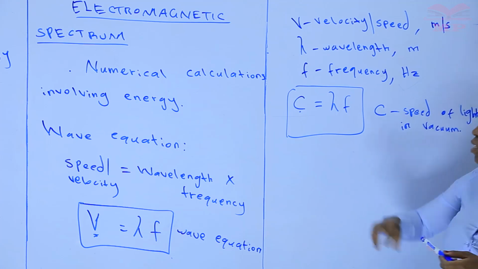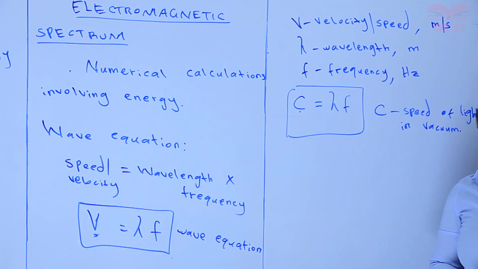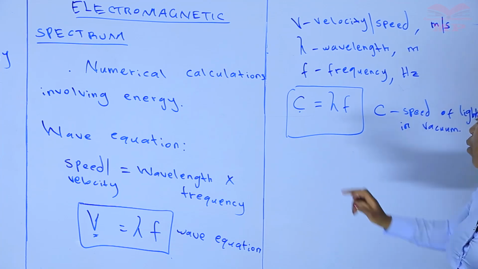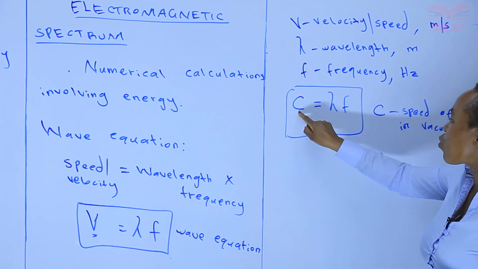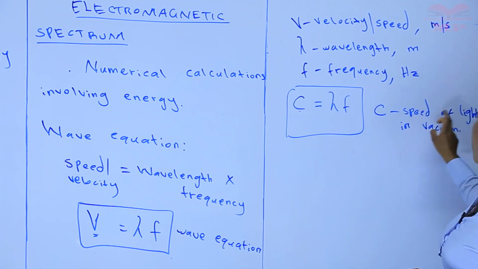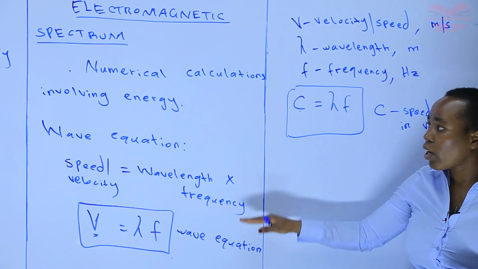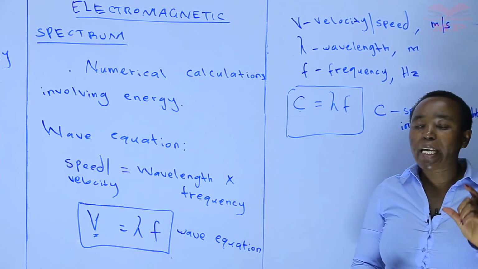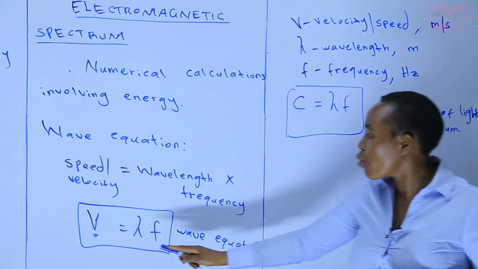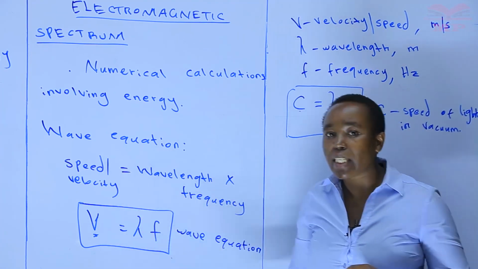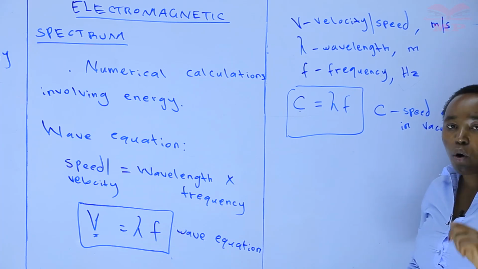This is the same wave equation, but we are using C to represent the speed of light in vacuum. So in these calculations, we'll be taking the value of the velocity to be the speed of light.